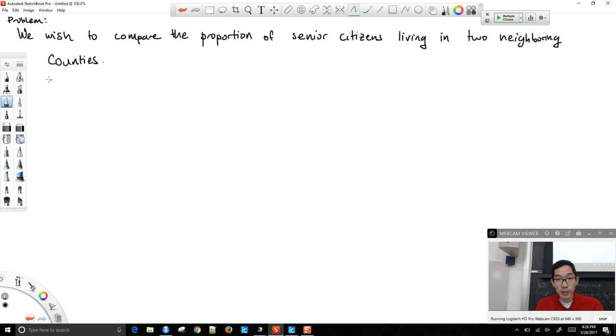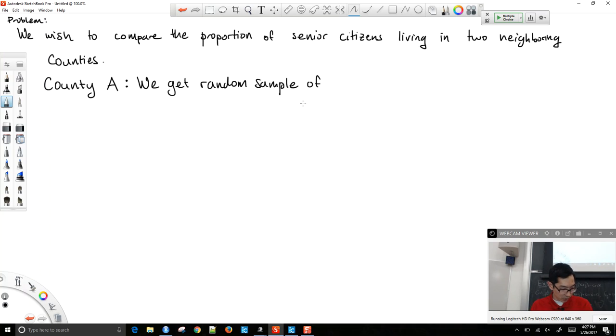So let's say we go to county A, and somehow we get a random sample of 160 people, and we will say 42 of them are seniors. We'll define seniors as 65 plus, I don't know.